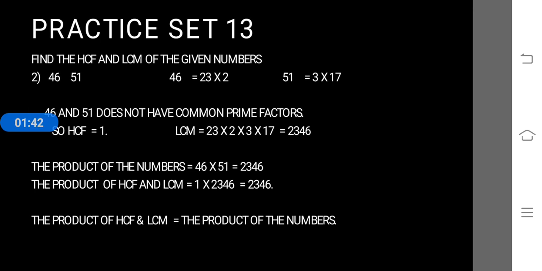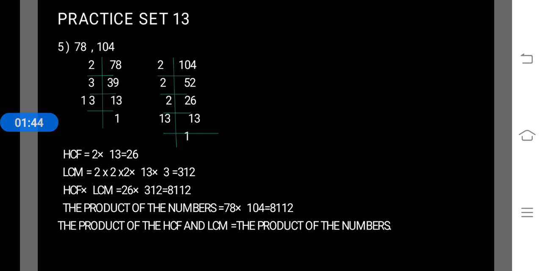One more sum. 78 and 104. 78 splits into 2 into 3 into 13 and 104 into 2 into 2 into 2 into 13. The common factors are 2 and 13. So the HCF is 2 into 13, that's 26. And the LCM is 2 into 2 into 2 into 3 into 13.